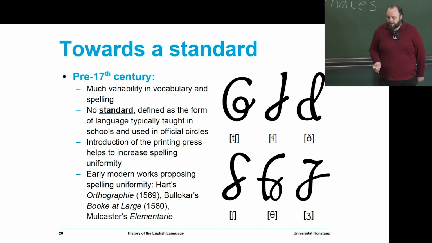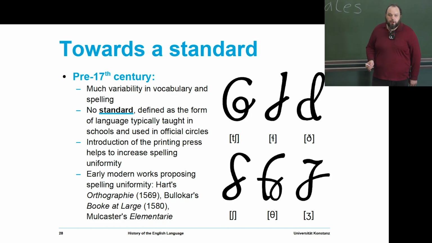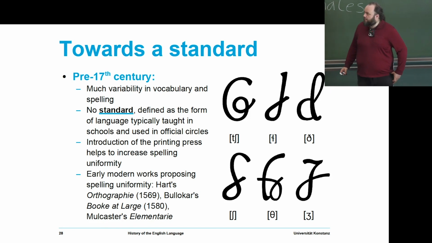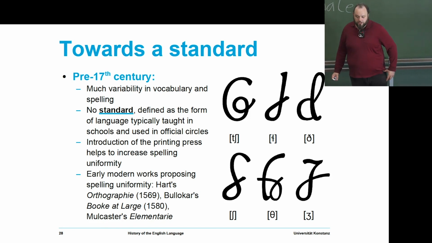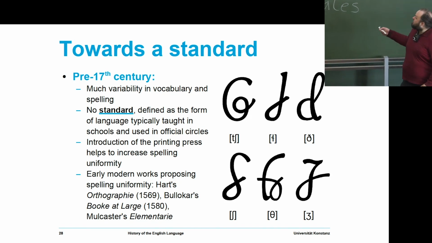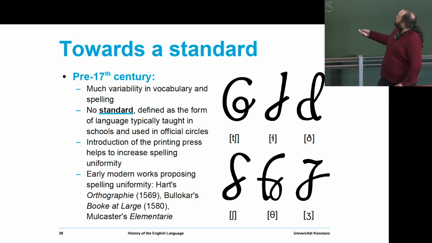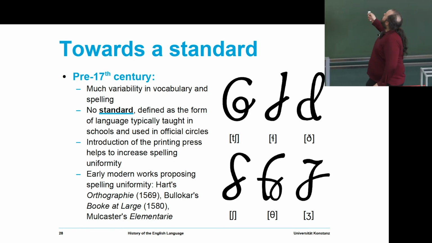And people in this period start to develop proposals to make the spelling of the language more uniform, to make it fit better with its pronunciation, among other things. So we see a few works here, Hart's orthography, Bullock's book at large, and these proposals come with new letters, and here are some of them.